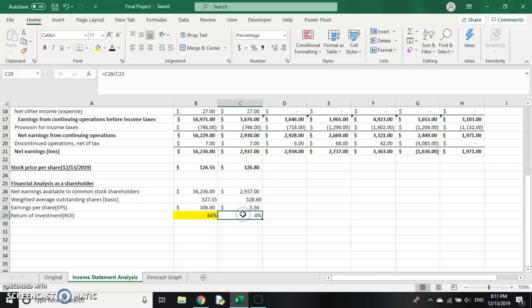At the end, for the return on investment, I divide earnings per share by stock price per share. The original formula is the gains from investments over the amount of money that I put in. So this is the gains, and this is the amount I put in.